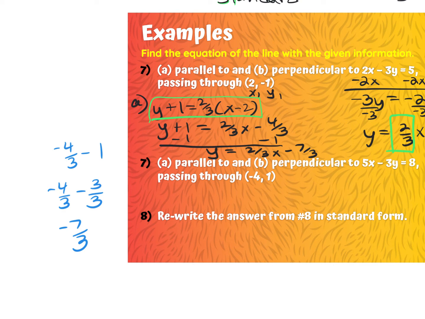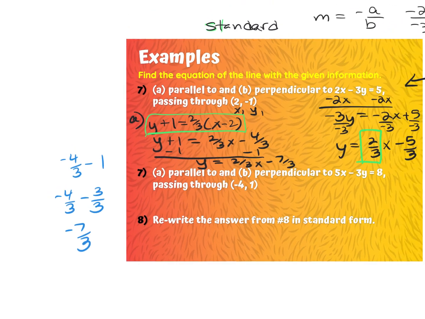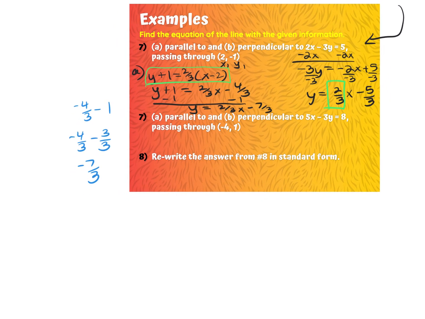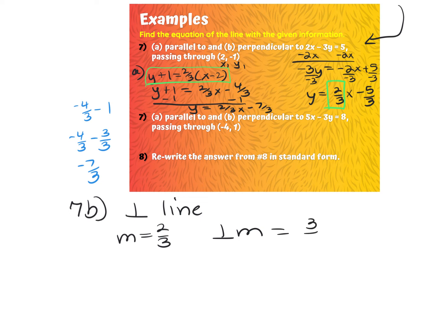Now, for part B, for the perpendicular, let me go ahead and do number 7B down here. So for a perpendicular line, what I'm going to do is change the slope of the original line, the 2/3. I'm going to flip it upside down. So the perpendicular slope is now -3/2, with the opposite sign.